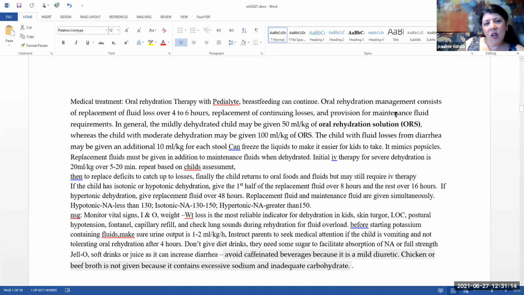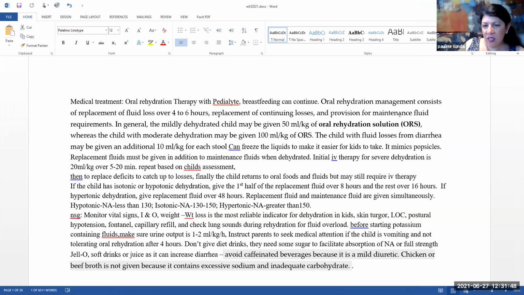Medical treatment: oral rehydration therapy with Pedialyte, and breastfeeding can continue. Oral rehydration management consists of replacement of fluid loss over a 4 to 6 hour period, replacement of continuing losses, and provision for maintenance fluid requirements. In general, the mildly dehydrated child may be given 50 milliliters per kilogram of oral rehydration solution, whereas the child with moderate dehydration may be given 100 milliliters per kilogram.